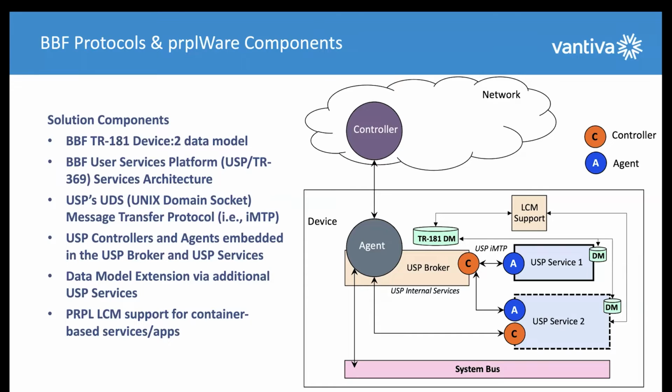So I'm going to have a controller as well. And that controller lets it talk to the USP broker and ask for other parts of the data model, or potentially set other parts of the data model, which are then taken from that broker and pushed off to other parts of the data model, whether they be in other USP services or just in the broker itself.